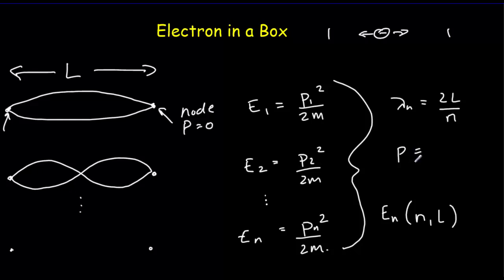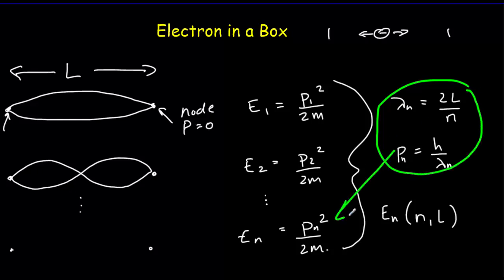Since the de Broglie wavelength is equal to h over the momentum, that means the momentum must be equal to h divided by the wavelength. And so we could talk about the momentum at the nth energy level and the wavelength at the nth energy level. So what we want to do is take these two equations, plug them in here, and find out the energy of the nth energy level in terms of the energy level number and the length of the box.